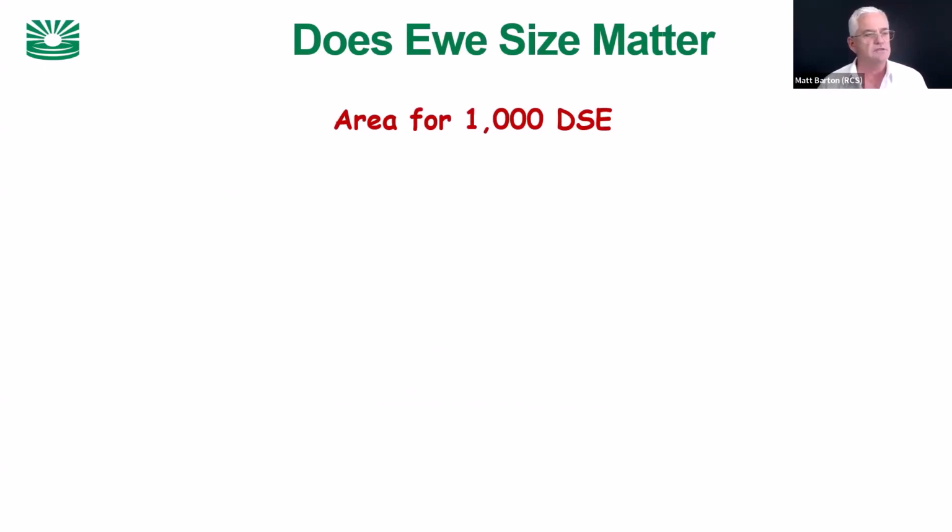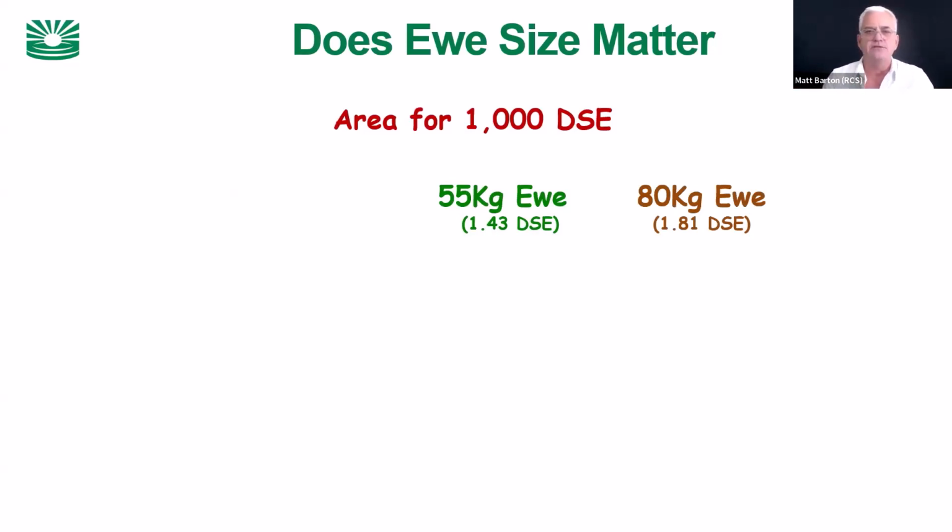And we have two studs. One stud aims to have a mature aged ewe at 55 kilos, which is at 1.43 DSE over the year. The second stud aims to have 80 kilo ewes, so big framed animals. And over the year, they're at 1.81 DSE average.